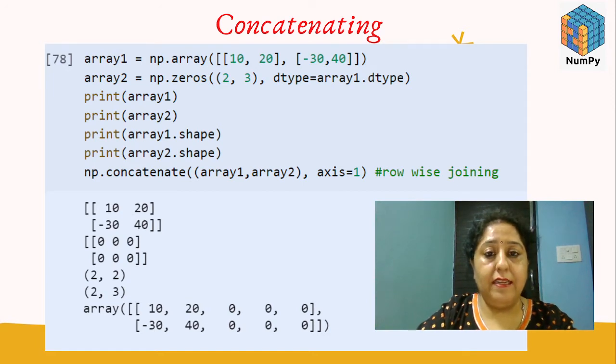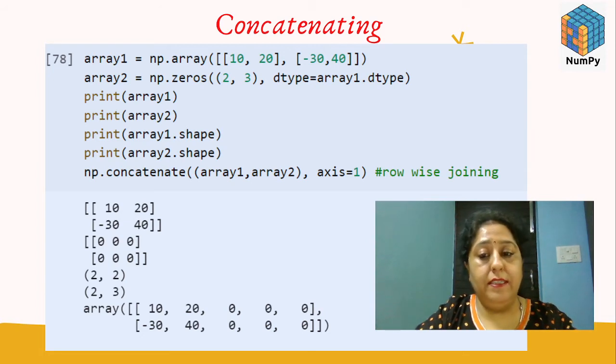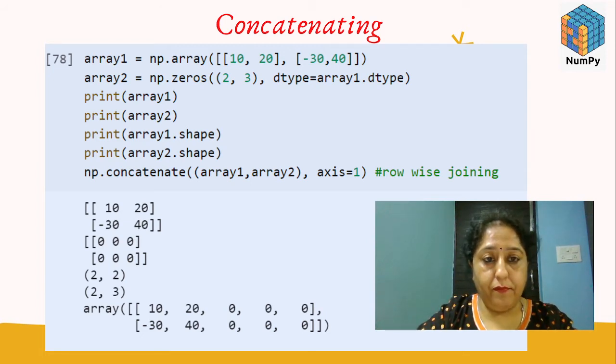So in that case, we are writing explicitly dtype equals to array1 dot dtype. This will make sure that the data type of each element of array 2 will be the same as the data type of array 1, which comes out to be integer.